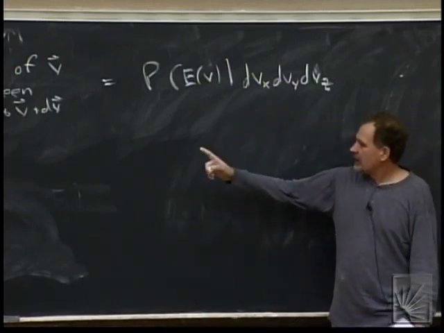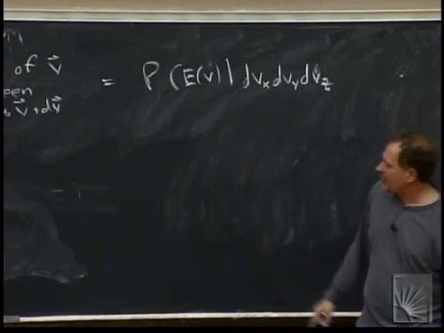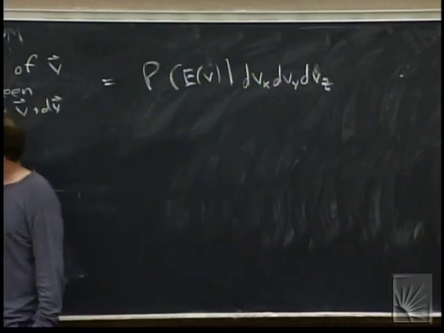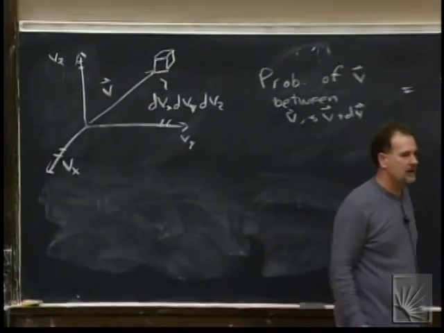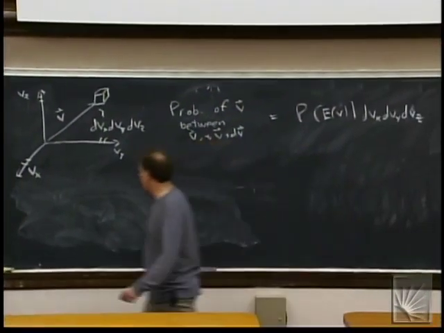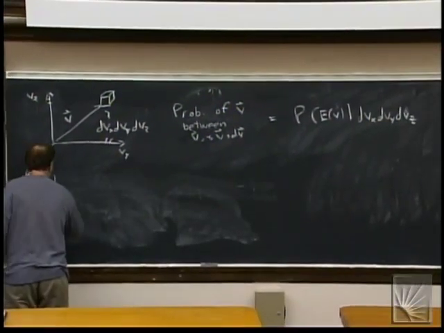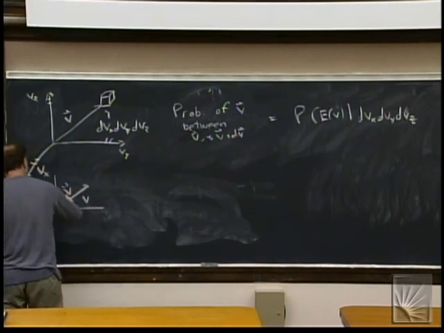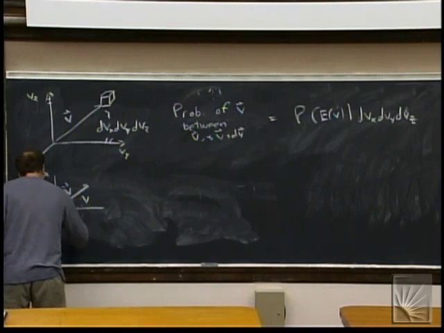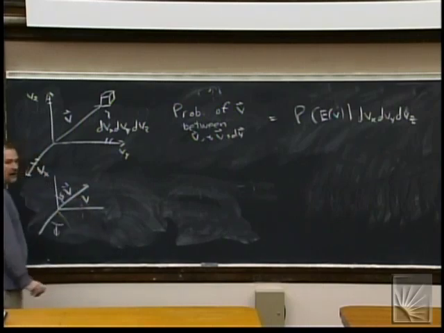Because I don't want to think of Vx and Vy and Vz as varying independently. I really want to have done this in spherical coordinates, where the velocity vector has a length v, and there's a theta, and there's a phi, okay?